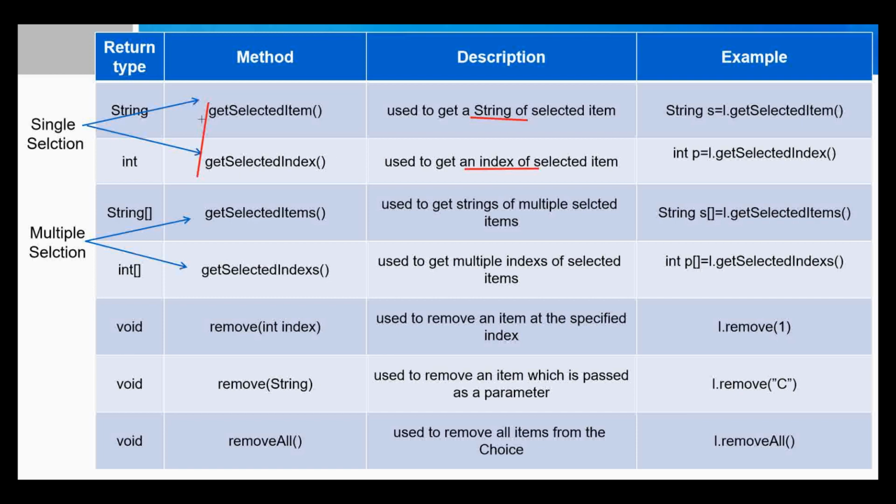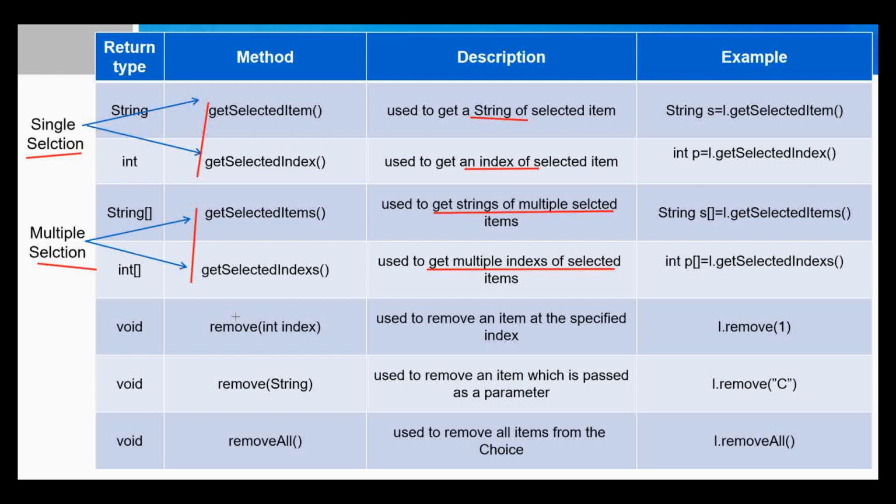Both these methods are used in single selection. Next methods are getSelectedItems and getSelectedIndexes, which return a string array and an integer array respectively. Here getSelectedItems is used to get an array of selected items, and getSelectedIndexes is used to get an array of indexes of selected items, and this can be used like this.